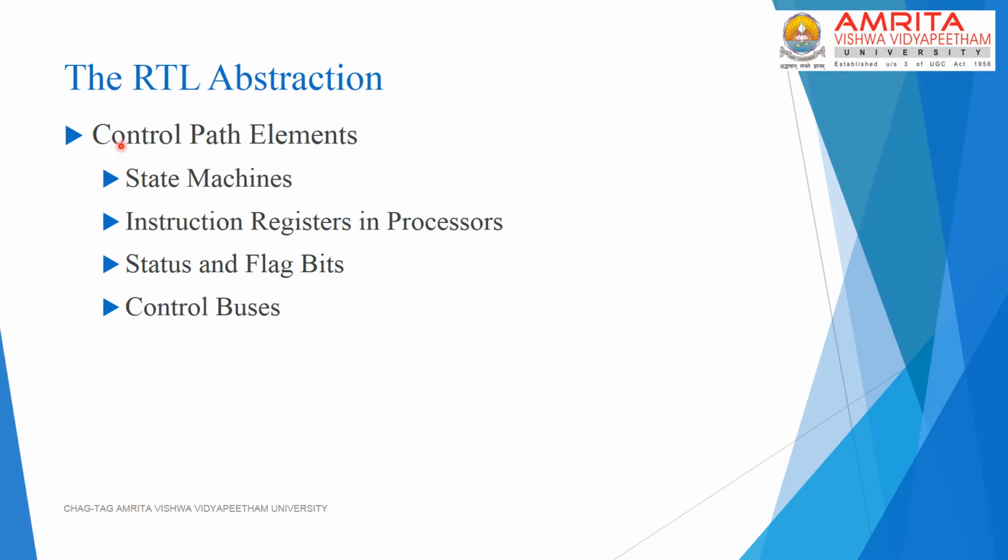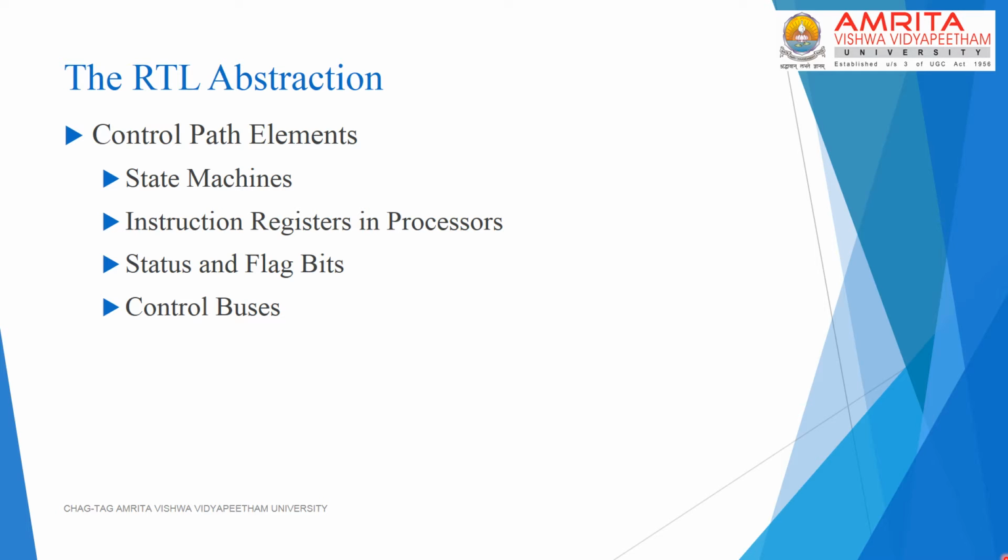The storage and manipulation of data in the data path is controlled by the control path elements. So we can say that the data path elements don't have any intelligence on their own. The control path elements generate control signals which eventually determine the way in which data flows in the data path. For instance, one example which we can think of is the addition of two numbers in a processor.